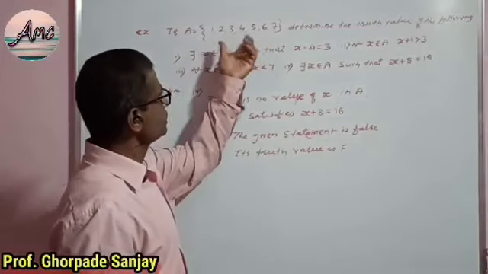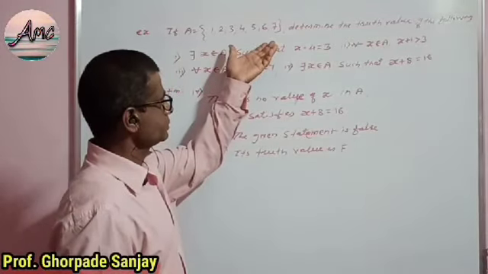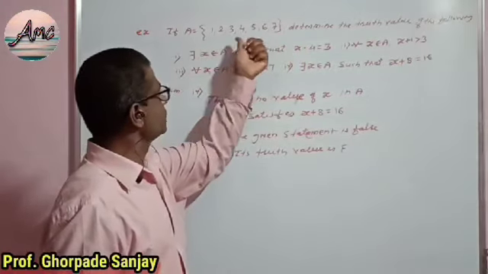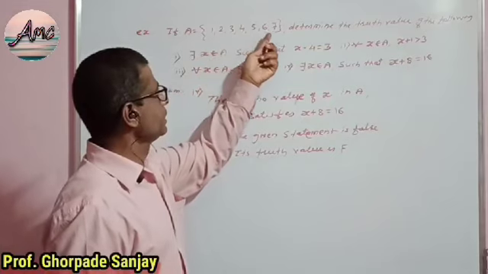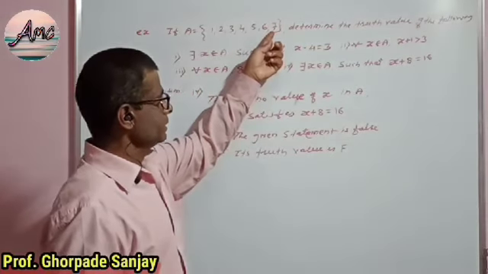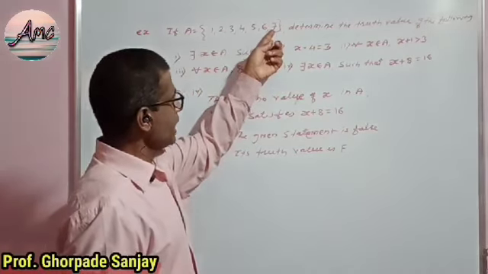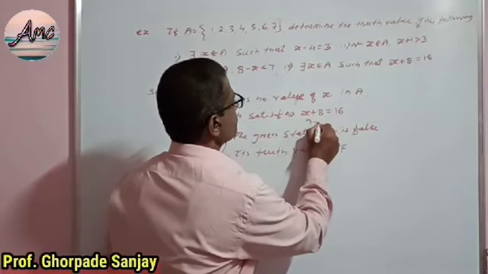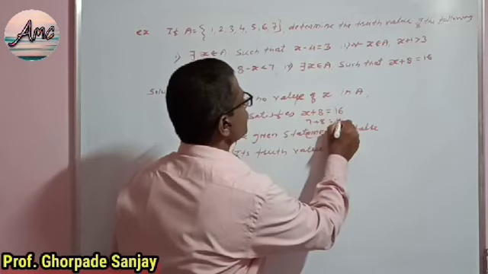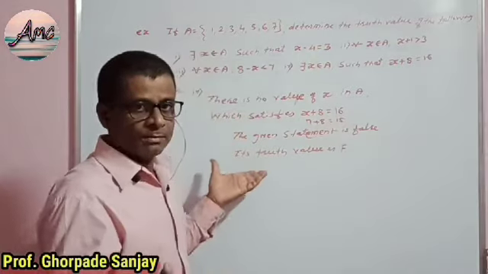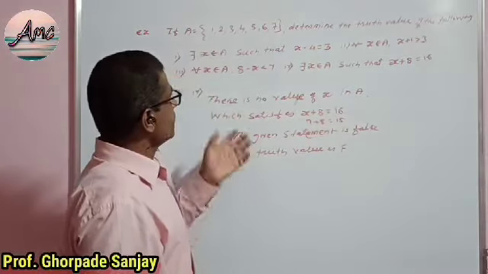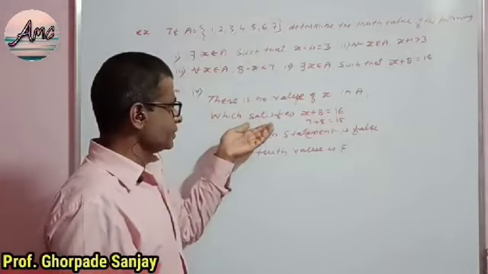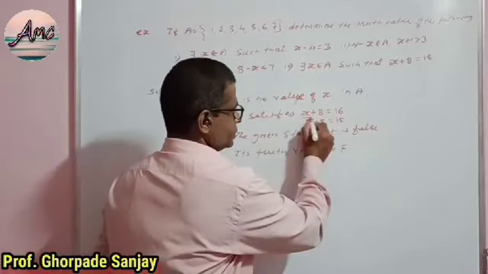So if I take the maximum value of x among the set A, that is 7, and put x is equal to 7 in place of x here, what will we get? 7 plus 8, you will get 15. What it means? It means that there is no value of x in the set A which satisfies this equation.